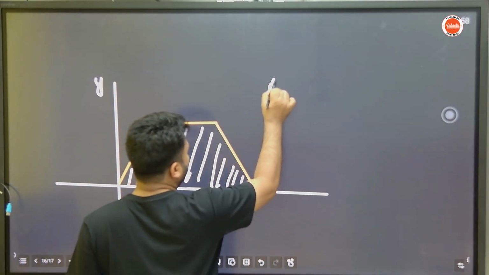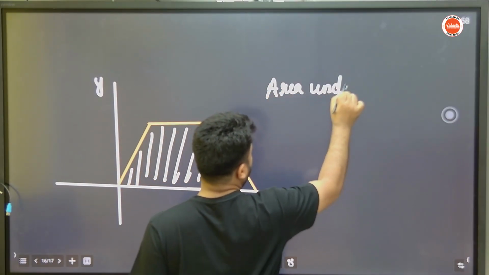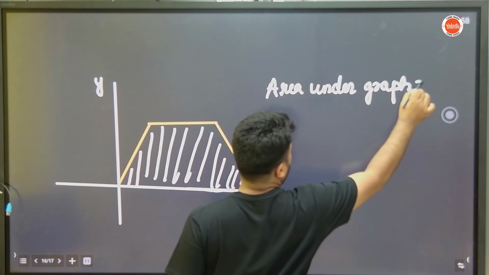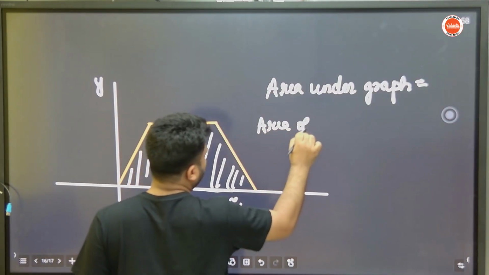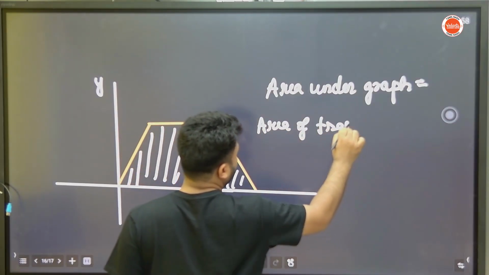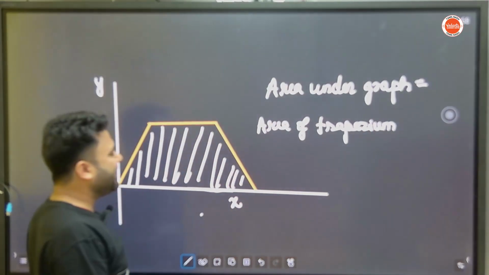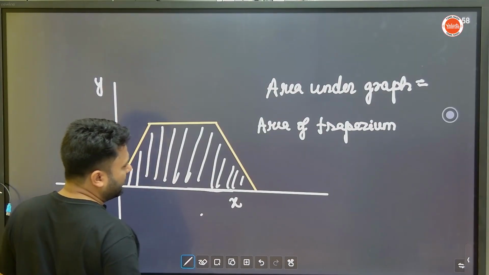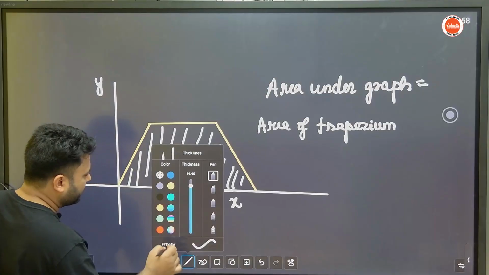So the area under the graph equals the area of a trapezium. Now what is the area of a trapezium? Suppose this is the height of the trapezium.